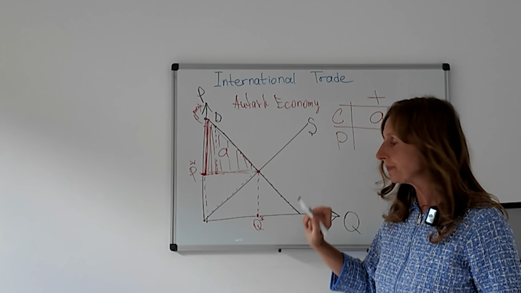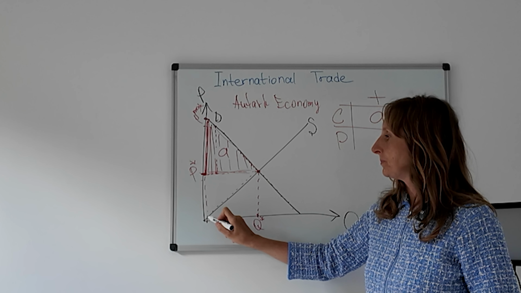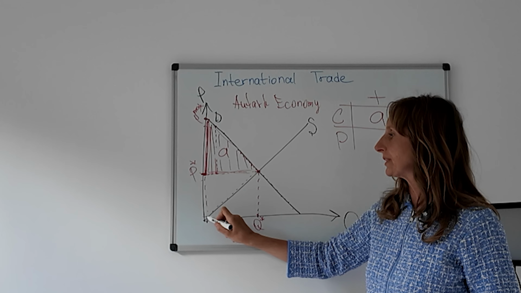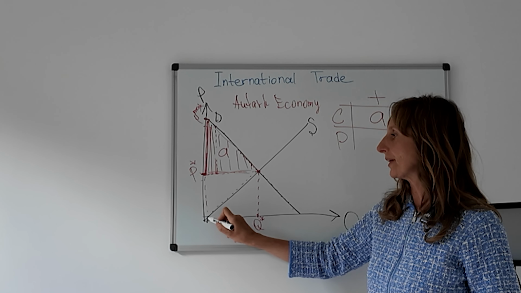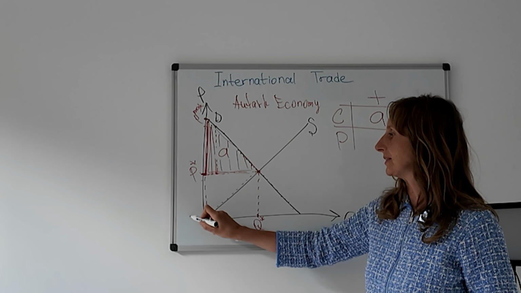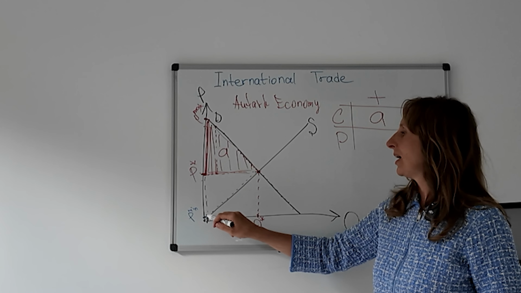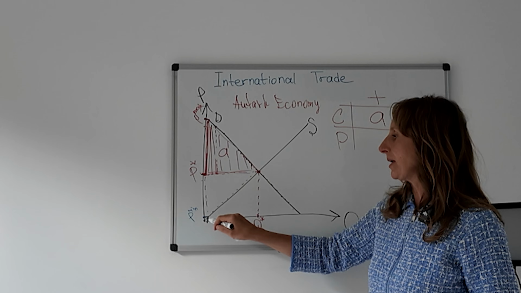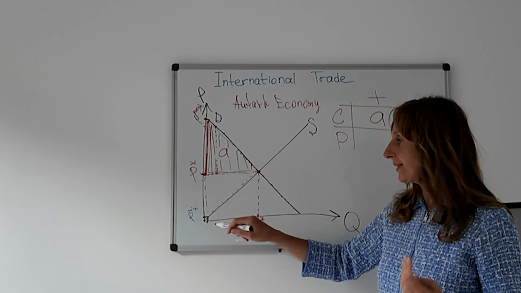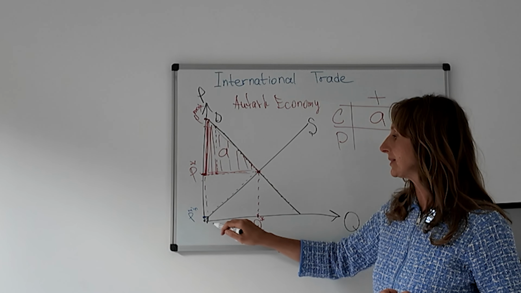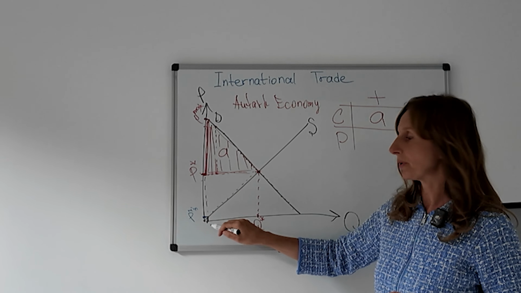Some of them are willing to sell this amount of products at this price, let's say price minimum. They are willing to sell this produced quantity at this minimum price.